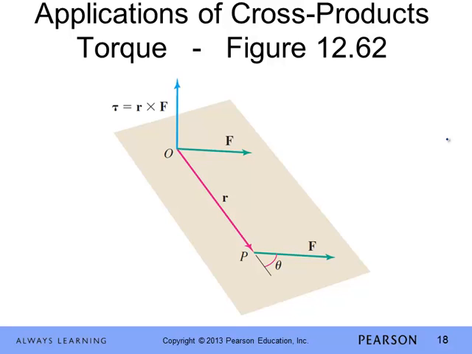So you have r and you have F, either pointing down or pointing up. If that angle is 90 degrees, then you'll have maximum torque for a fixed length lever r and a fixed force. So that optimal angle is going to be 90 degrees.